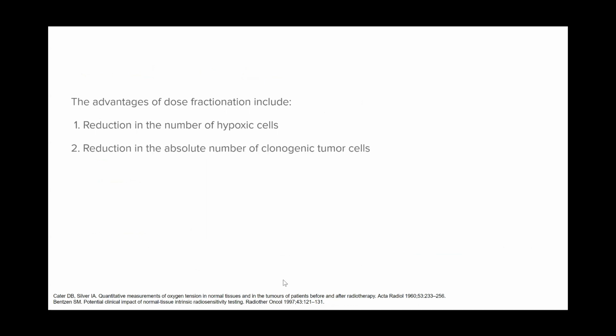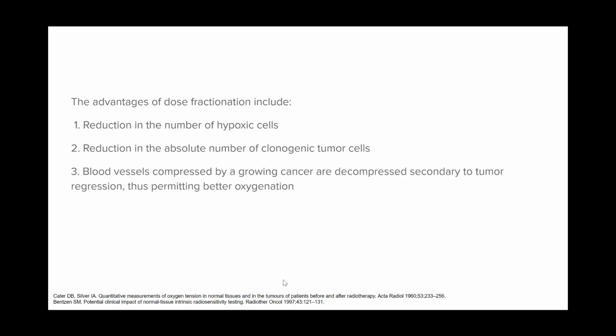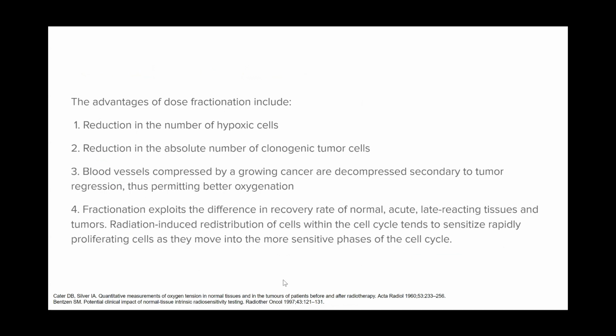Now, we do dose fractionation to exploit those 4 R's. Advantages include reduction of the number of hypoxic cells. There will be reoxygenation happening. There's a reduction in the absolute number of clonogenic tumor cells. The blood vessels compressed by the cancer would get decompressed, leading to better oxygenation.